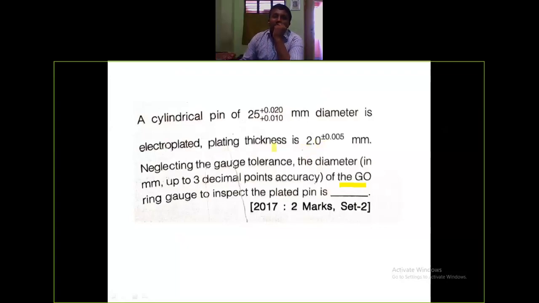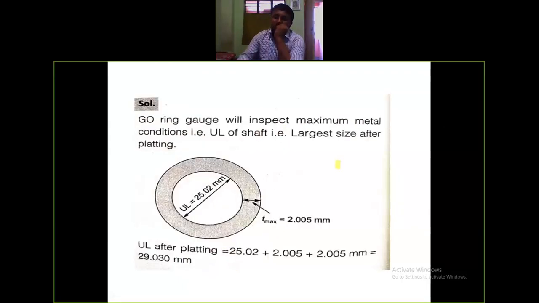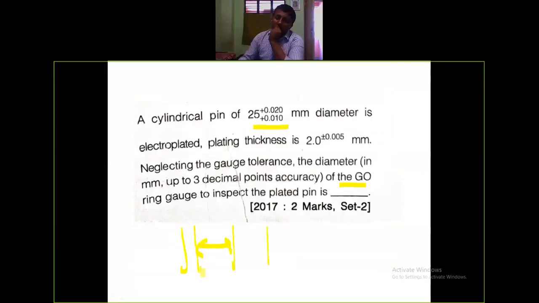This plating thickness is 2.005, and it will be twice, so the correct answer will be 25.020 plus 2.005 plus 2.005, which comes to 29.030 mm.